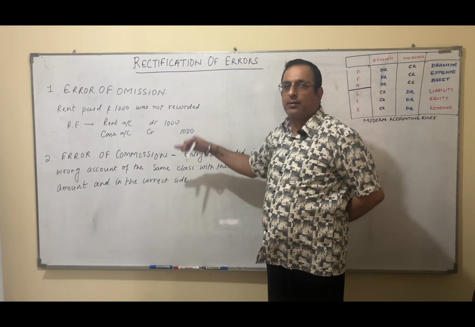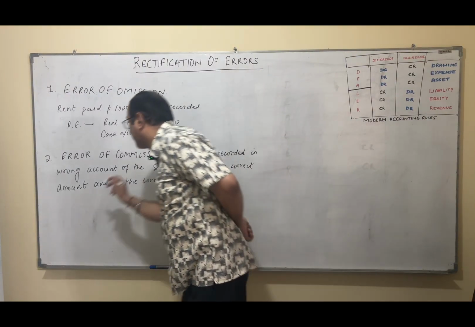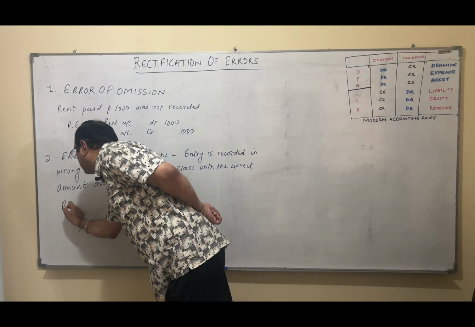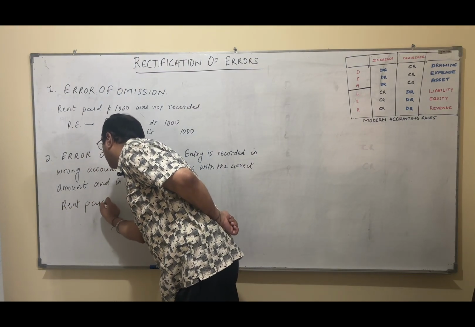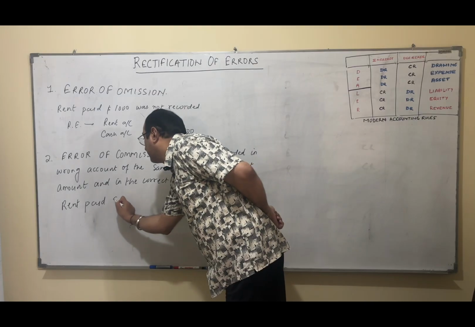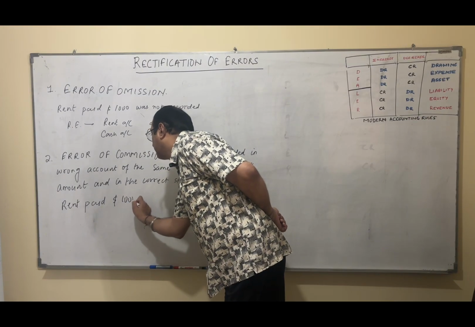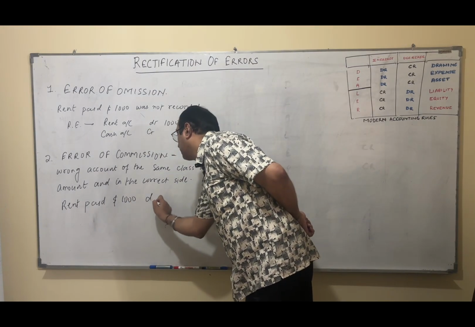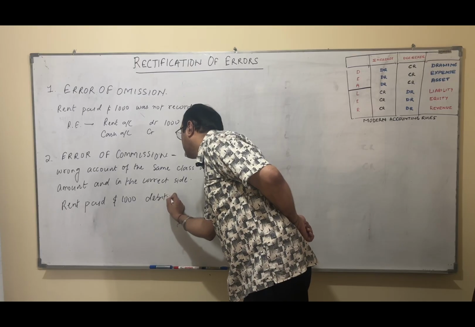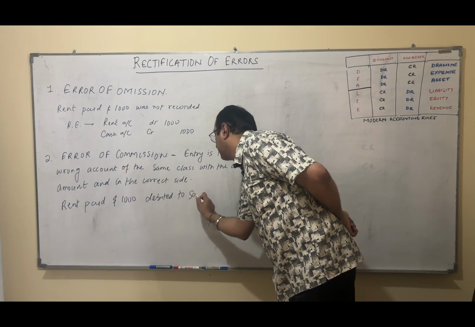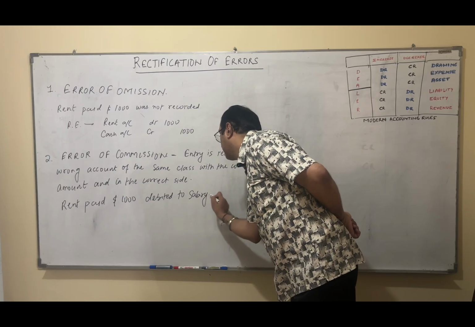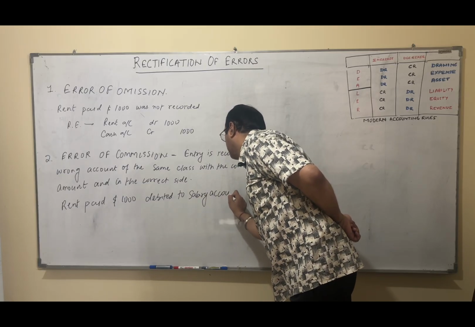To understand it, let us see an example. Rent paid 1,000 debited to, say, salary account.